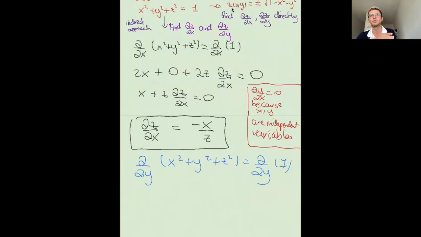If a partial derivative is 0, that's another way to say that a variable does not depend on the other. In this context, this is what I wrote here in red: the partial of y with respect to x is 0 because x and y are thought of as not depending on one another. Is that making sense?